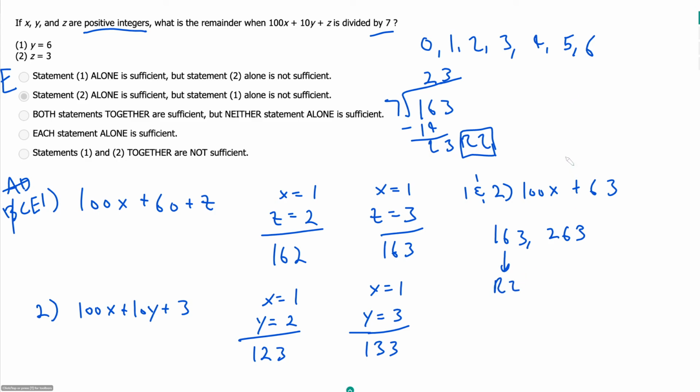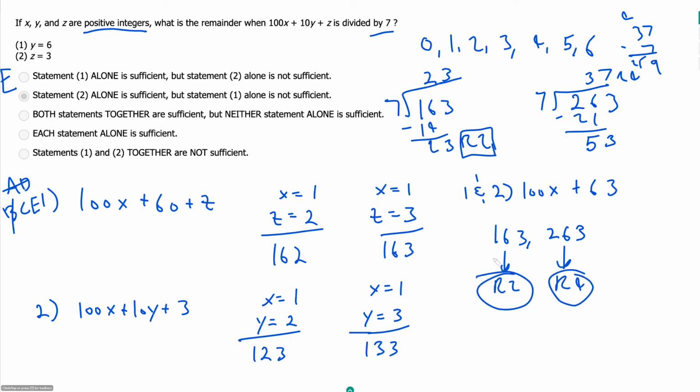And then 263 divided by 7 gives us 37 remainder 4, it looks like. So this wasn't good enough here. You can see it's still insufficient. E.